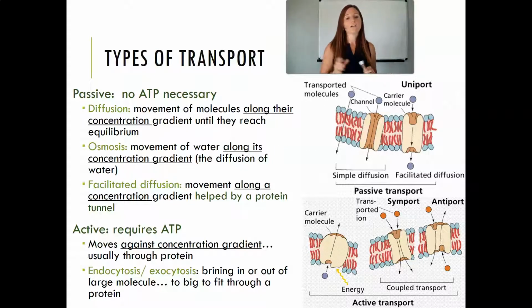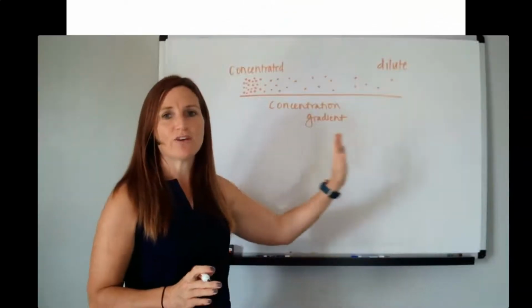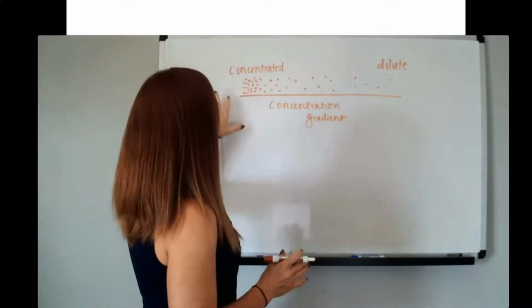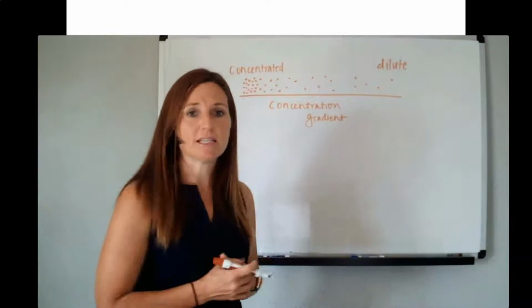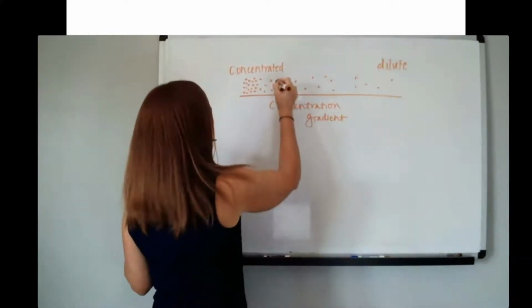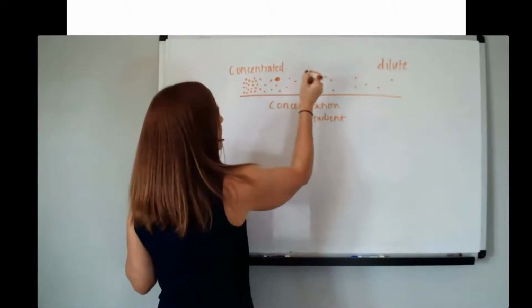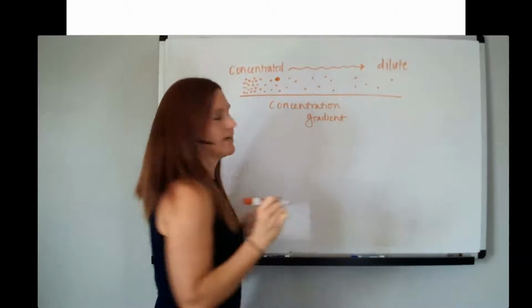Okay, so we're going to look at what a concentration gradient might look like. This is what a concentration gradient may look like. So in a concentration gradient, we have one area that is concentrated and another area that is dilute. And what we said was the molecules themselves would like to move down the concentration gradient.